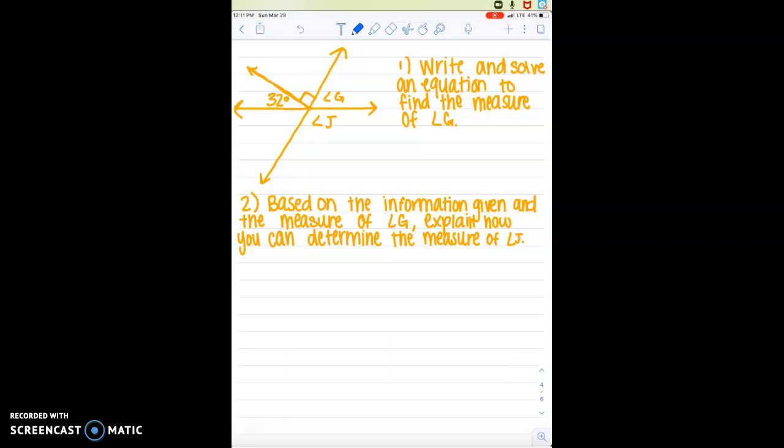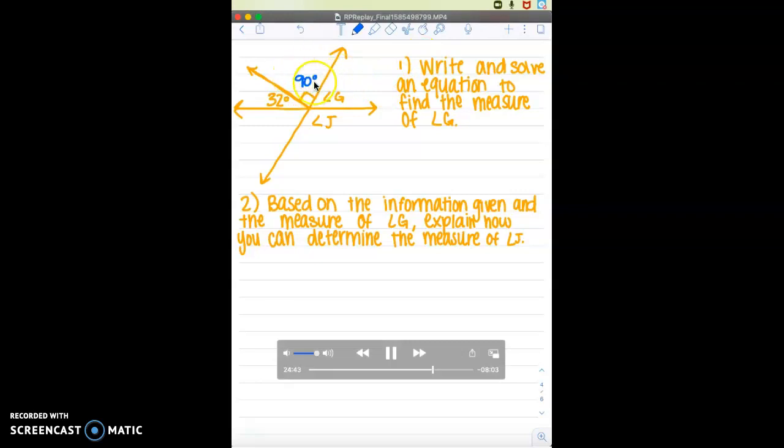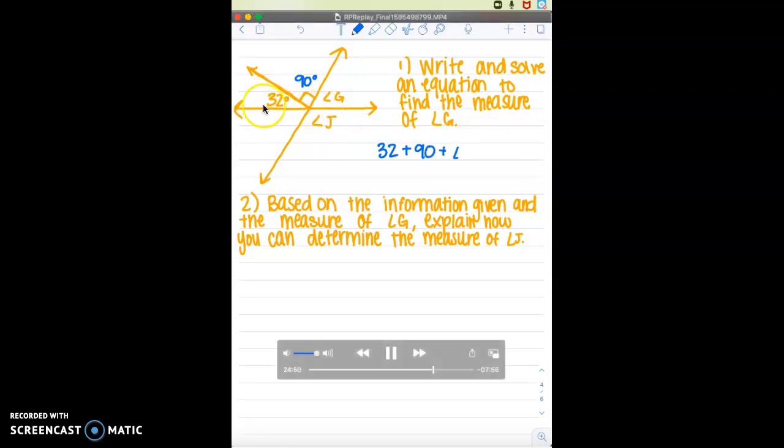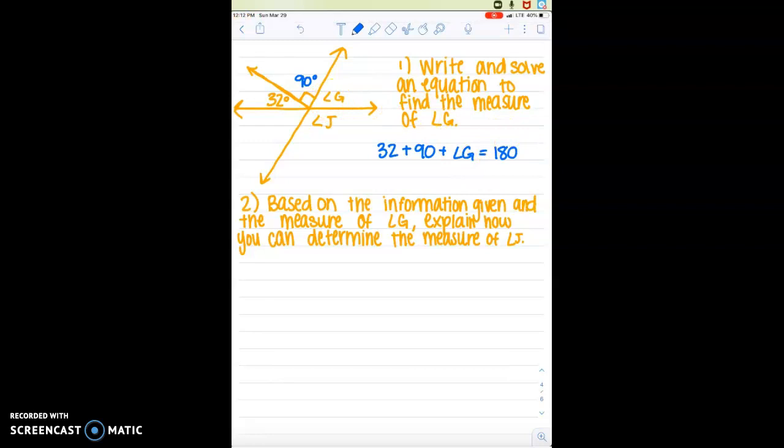So now that you've paused the video, we're going to go through them together. The first thing I'm going to do is label this angle as 90 degrees, since it's got the box, I know it's a right angle. And I know that because I've got my straight angle right here, and these three angles sit on top of it, that all three together must equal 180 degrees.